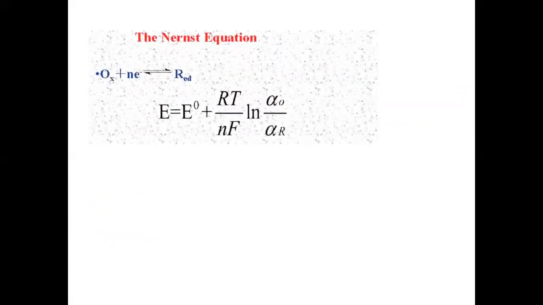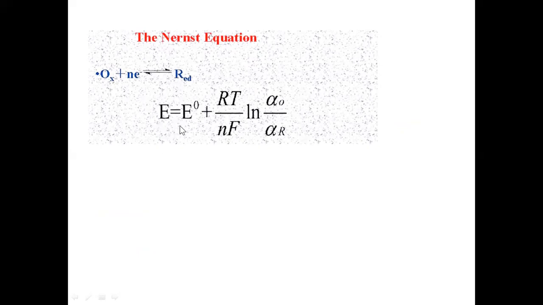Now, for the Nernst equation, if we have encountered this reaction as the oxidized ion plus the number of electrons forming the reduced species, we're going to use the following equation.